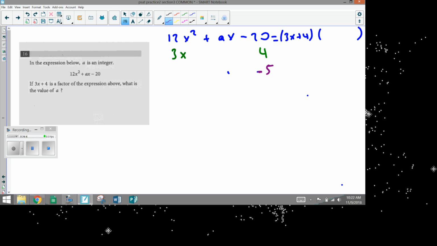So negative 5 times 4. So I got one of them. Another question: 3x times what makes 12x squared? 4x. So basically I got another factor. Make sense?